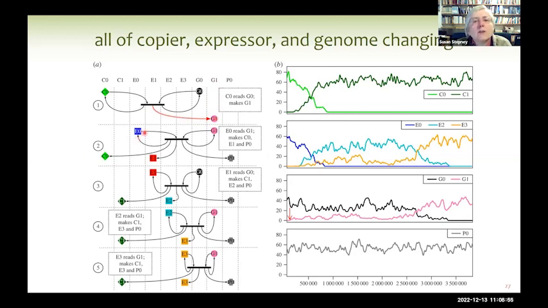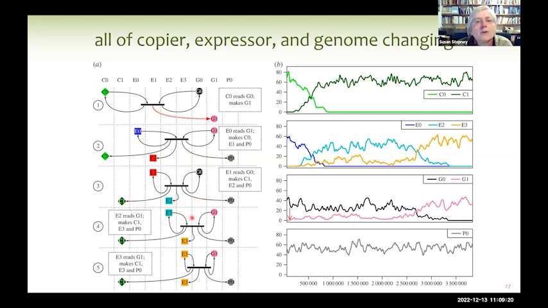And then when the expressor binds to genome 1, it expresses the same copier, but expresses a mutated expressor, because it's expressing from a different genome, a mutated genome. And then when that mutated expressor goes back to the original genome, it then produces a different copier and yet another expressor.